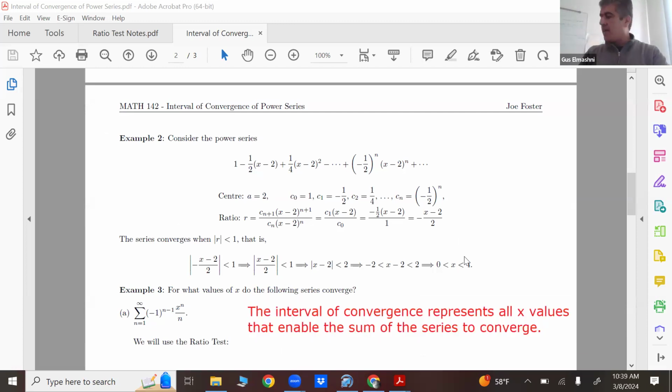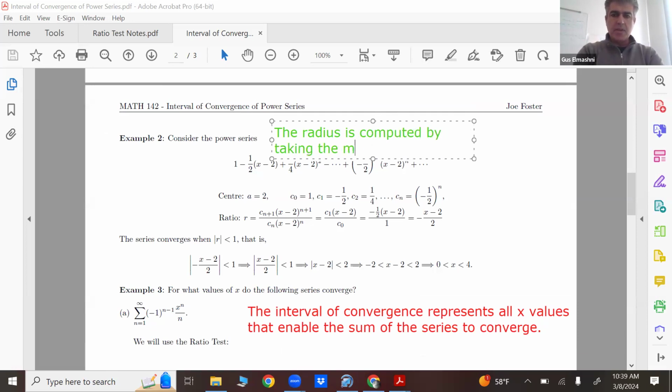Then the radius is computed by taking the middle of the interval and subtracting it from either endpoint of the interval.